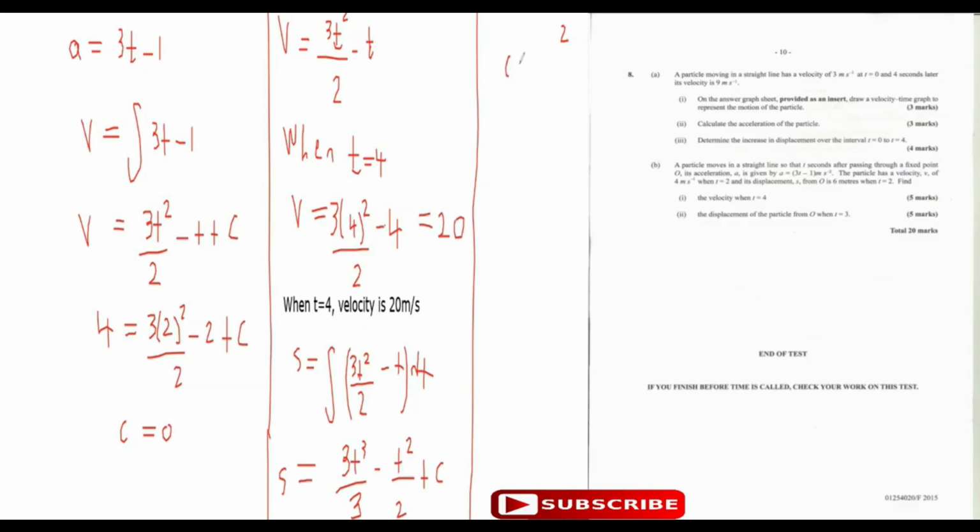So c works out to just be, 2 cubed minus 2 squared divided by 2 is 6. And so c works out to be 0. So what does that mean? That means that the formula for s is just t cubed minus t squared over 2.